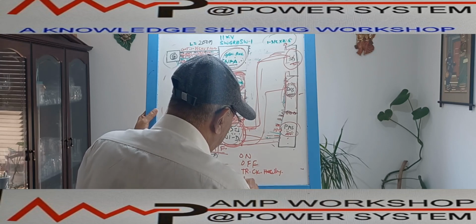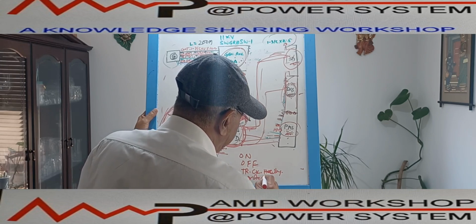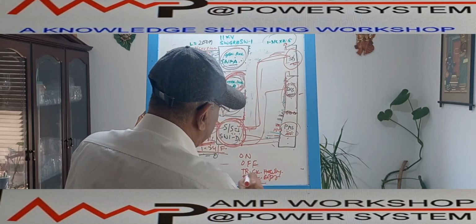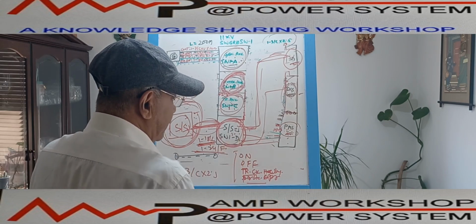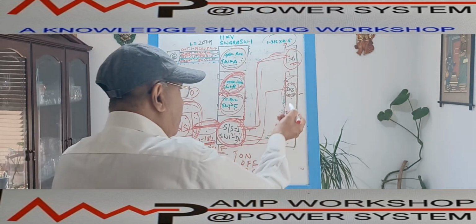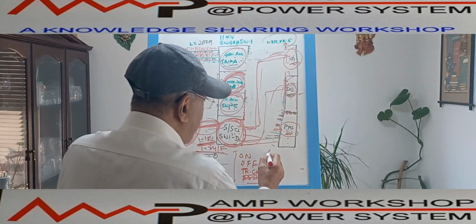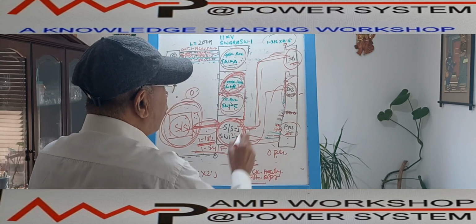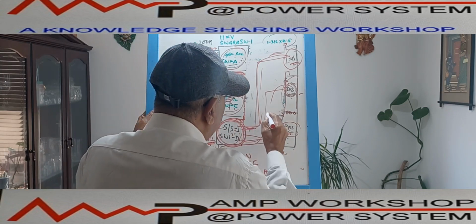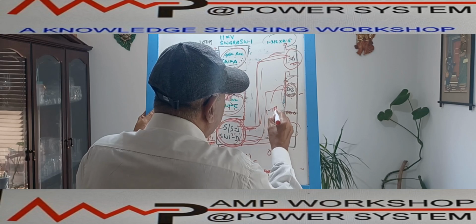Then lockout operated or protection operated, you can say protection operated. All these signals we can bring over to the DCS, all these statuses from here, and similarly from the DCS we can give the open command and close command. So this open command, close command, and these signals are coming through this 118 core cable.